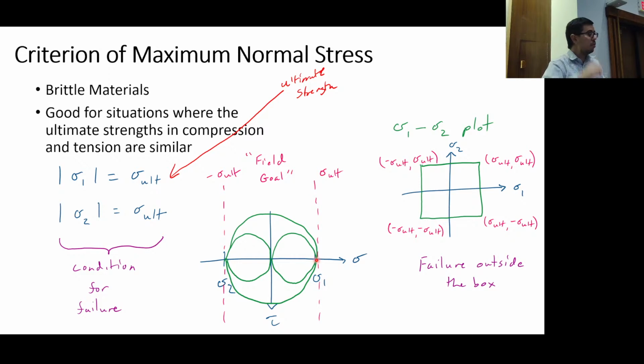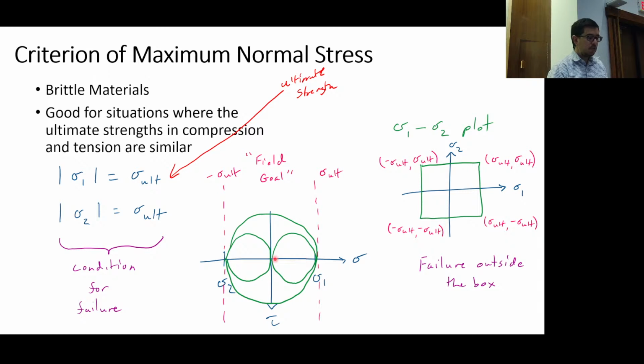Where is that point? Right here. If your Mohr circle is right here, you're right on the cusp of failure. If you have sigma 1 equals sigma 2, or sigma 1 equals negative sigma 2, at this point or at this point, then you've drawn a Mohr circle that looks like the one shown here.